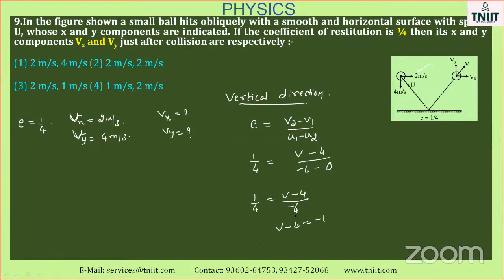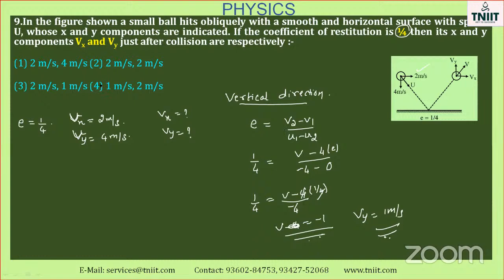So this is the vertical component velocity. They have given the coefficient of restitution. There also it will become 1 by 4th of that. So on simplification you will get V1 value. This will get cancelled out. V value will be minus 1. That will be the direction. So vertical component velocity is just 1 meter per second.